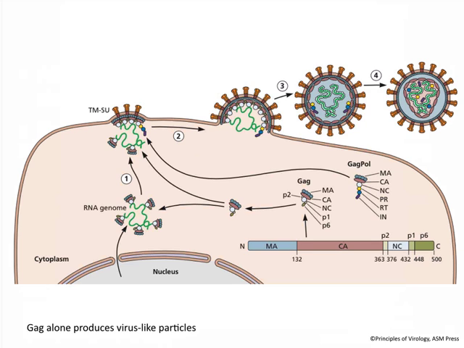Now remember, the retrovirus genome is a plus-stranded RNA. It's made in the nucleus by transcription of the provirus. Remember, the provirus is integrated into our cellular DNA. The LTR on the left has a promoter that will result in the production of an mRNA, and that mRNA then gets exported to the cytoplasm. This is going to be a genomic RNA.